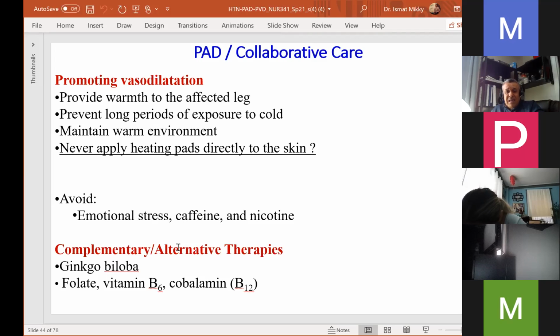Remember from the pathophysiology, the first few slides on risk factors, that one of the factors that decreases perfusion and promotes atherosclerosis is a high level of homocysteine. So folate and vitamin B6 or B12 will lower homocysteine levels.